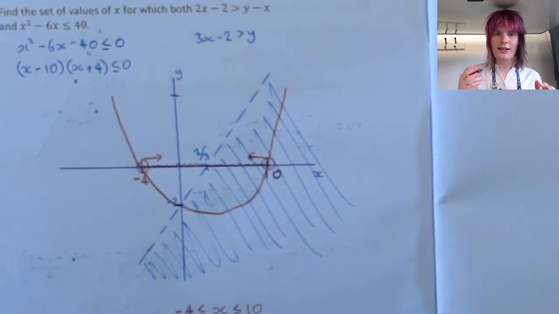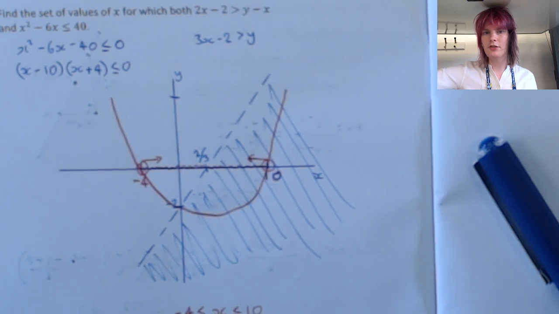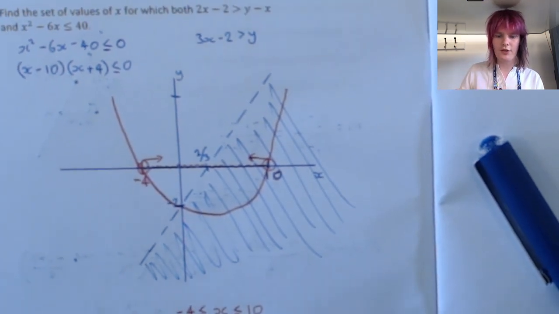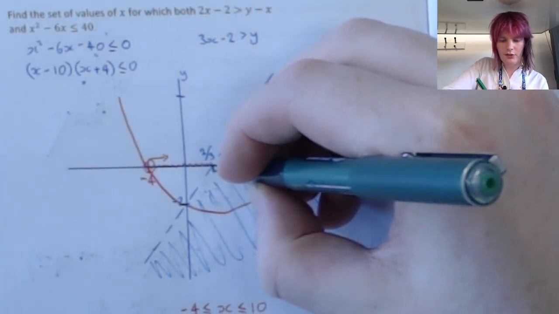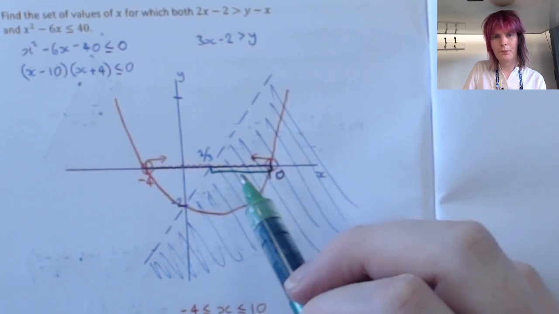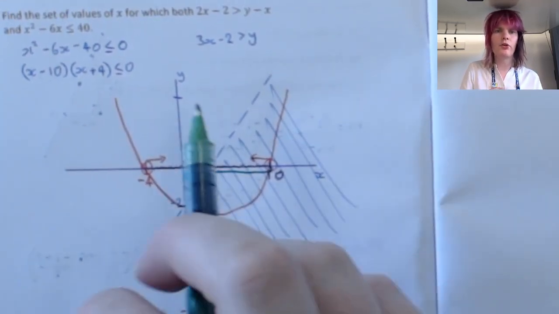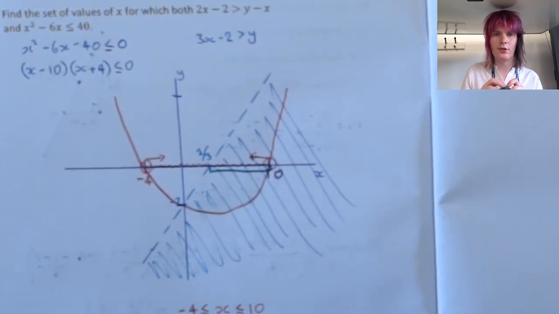So now we can look at the intersection, and I'll get another colour to make this a bit more visually interesting. The region that I want is actually just this line here. We're getting rid of this entire area because we've not got any y's in this second equation. We're just looking at the values of x.